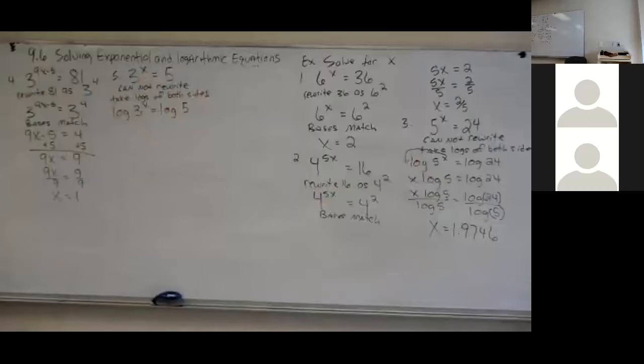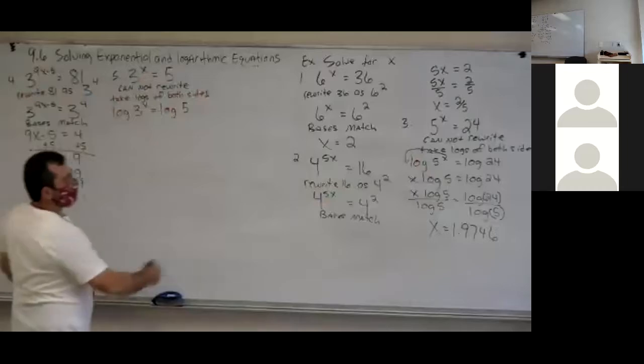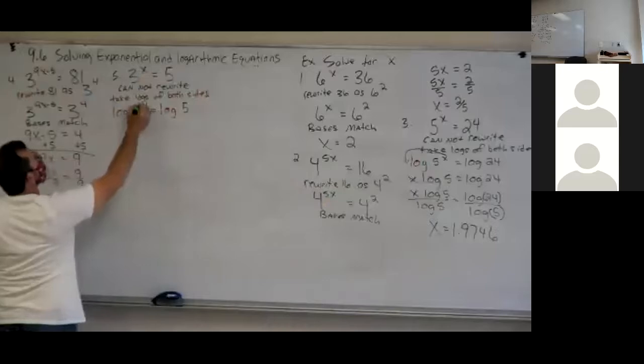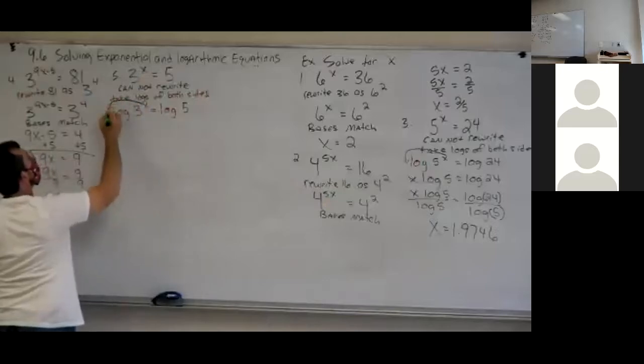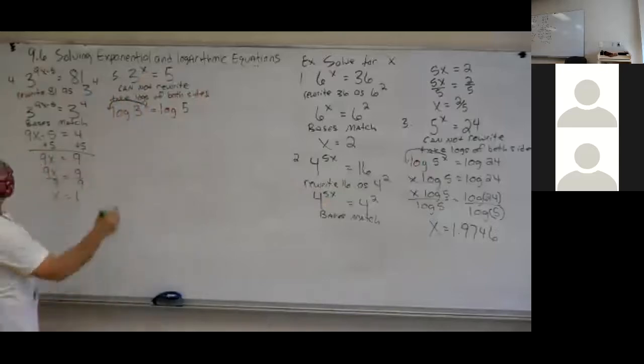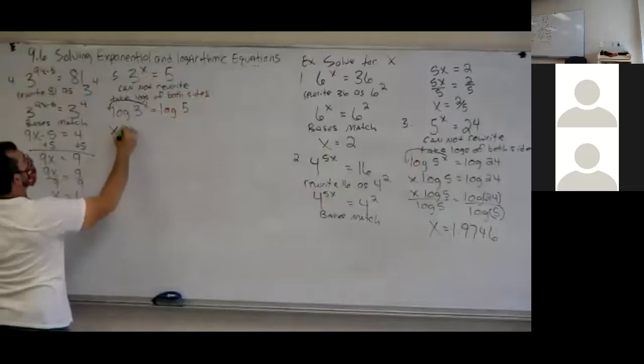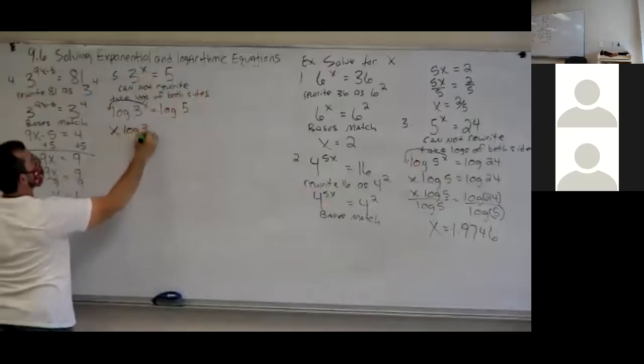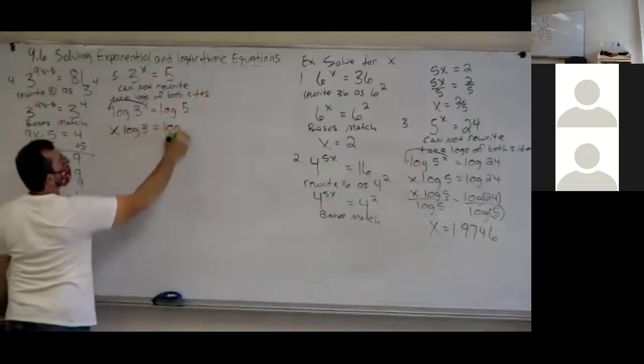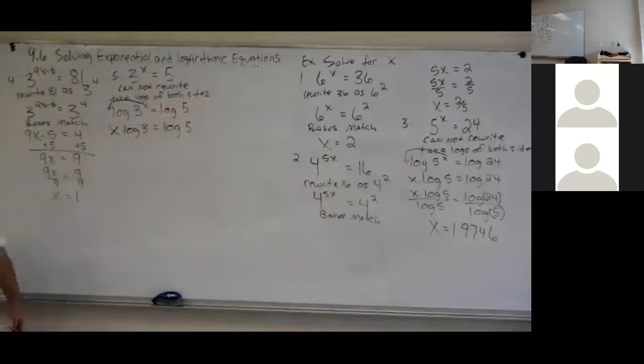What you do to one side of those equations, you're doing to the other side automatically, right? So guess what I'm going to do now? I'm going to take that exponent and bring it down, just like I did on that problem. That's the whole reason I do the logs, so that I can bring the x down to the front and write this as x times log of 3 equals log of 5.